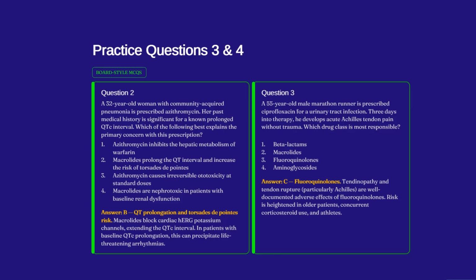A 55-year-old male marathon runner is prescribed ciprofloxacin for a urinary tract infection. Three days into the therapy, he develops Achilles tendon pain without trauma. Which drug class is most responsible? If you choose fluoroquinolones, you know that ciprofloxacin is an example.